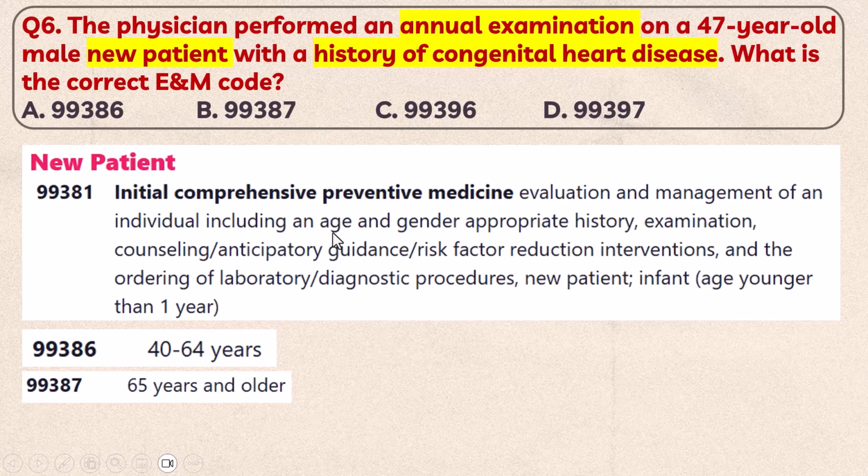So for this new patient, less than 1 year, 386 for 40 to 64 years, 387 for 65 years and older. So in our case, it's 47. So 47 is included in this code. So the correct answer will be answer A, that is 99386.